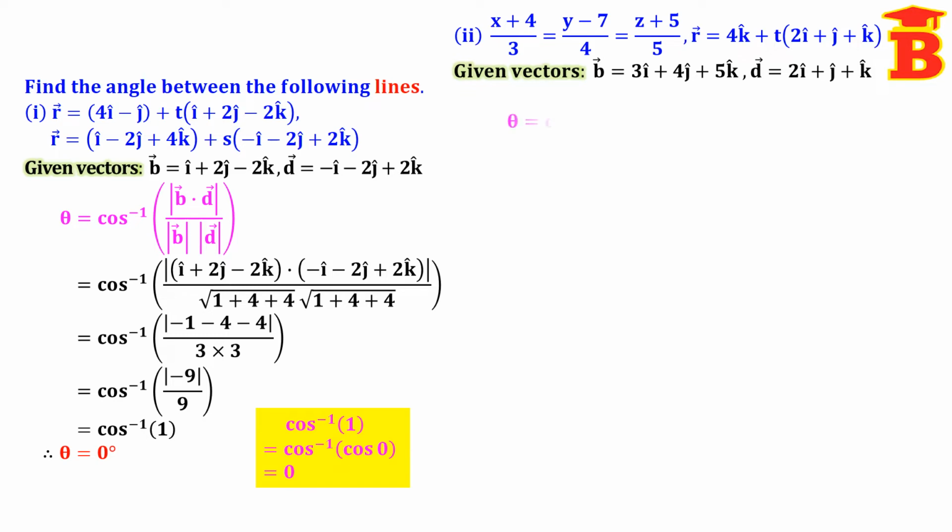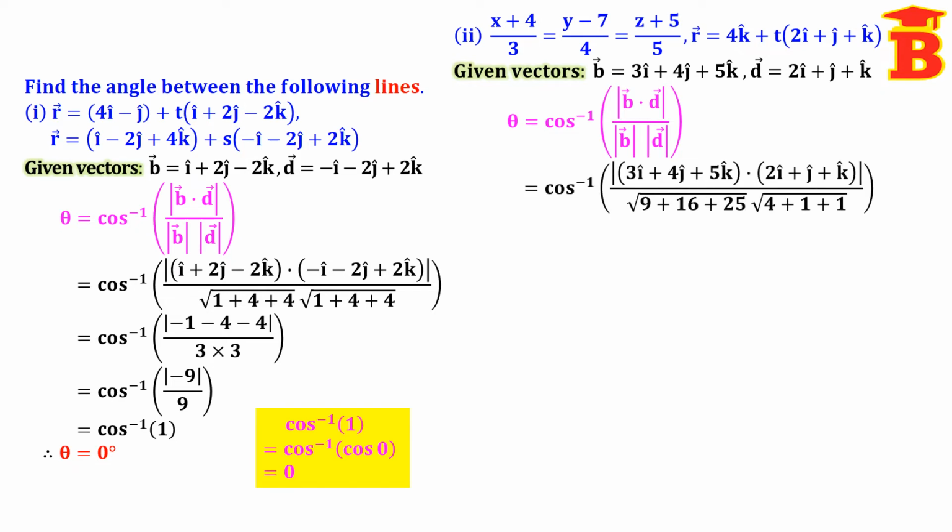Now we use the formula theta equal to cos inverse of modulus b vector dot d vector divided by modulus b vector into modulus d vector. So this is equal to cos inverse of modulus b vector dot d vector, divided by, we have to take the modulus, that is magnitude.